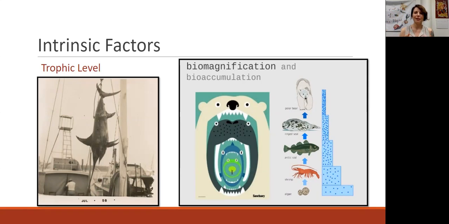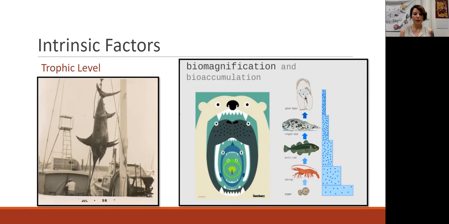Part of this is because of the idea of biomagnification and bioaccumulation. I think the most famous example of this is mercury. You might have heard that tuna contains a lot of mercury, and if you're pregnant, you should only eat small amounts of it because mercury can be a neurotoxin if you eat too much.